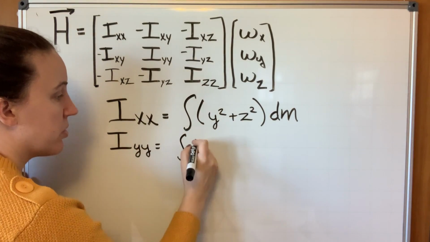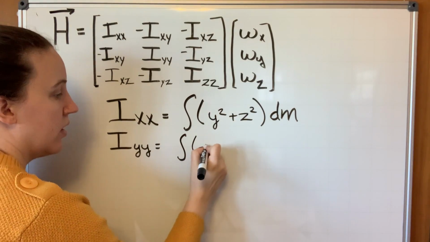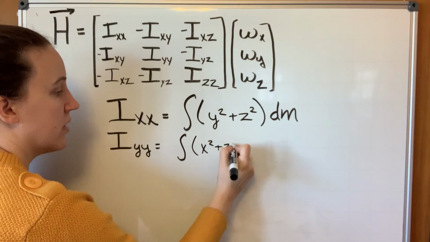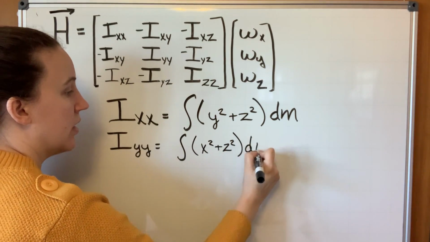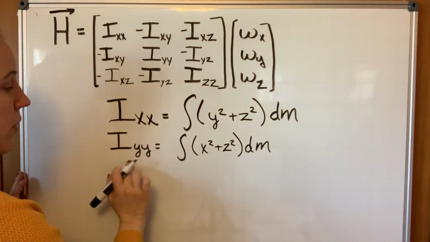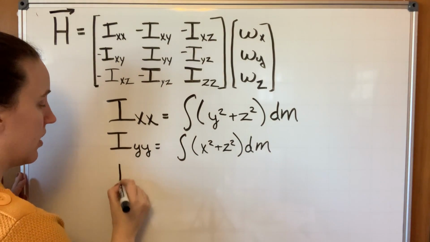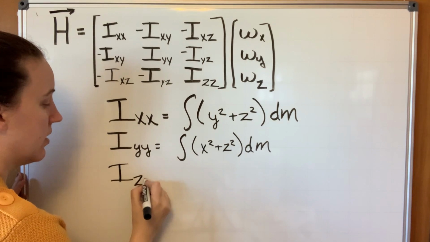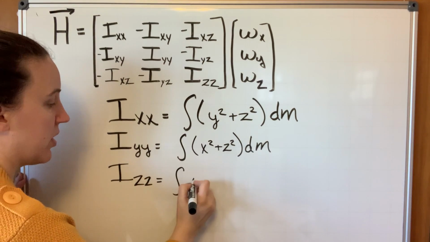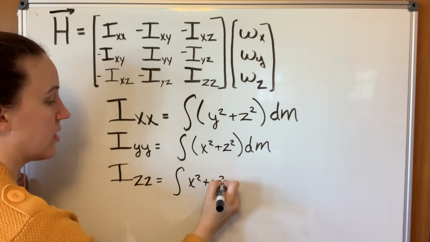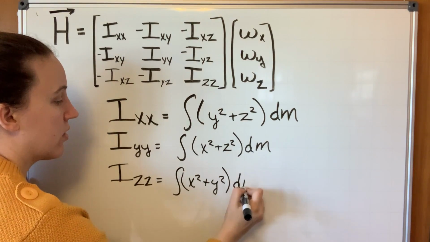These are the diagonal terms, so they will always be positive: x squared plus z squared dm. So just y means that it's the distance from the y-axis, so y isn't in here. We got I_z is going to be the integral of x squared plus y squared dm.